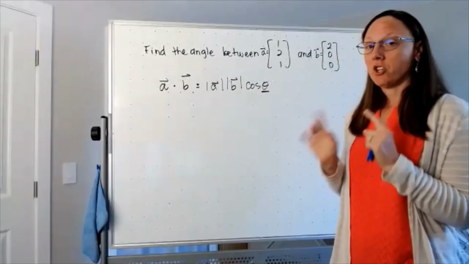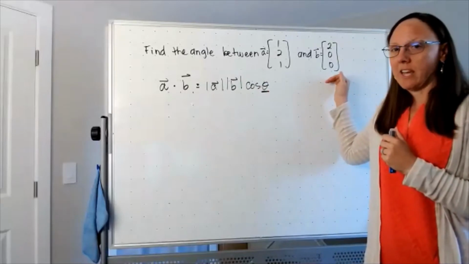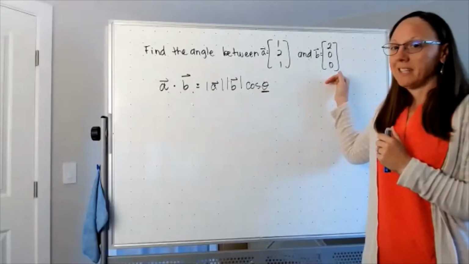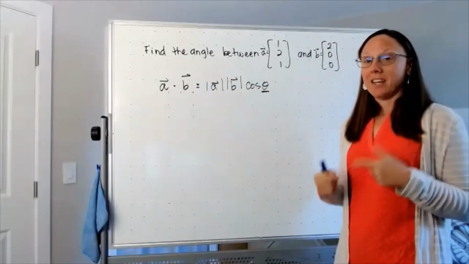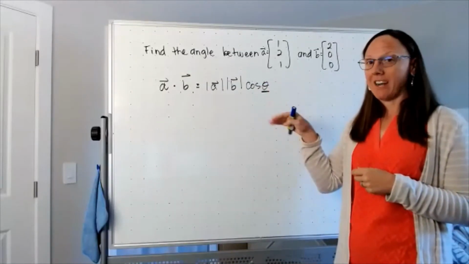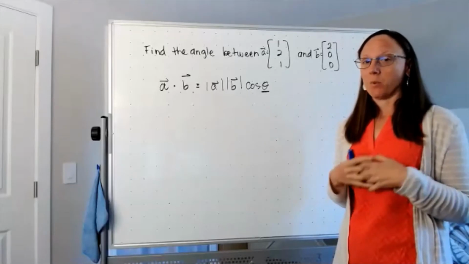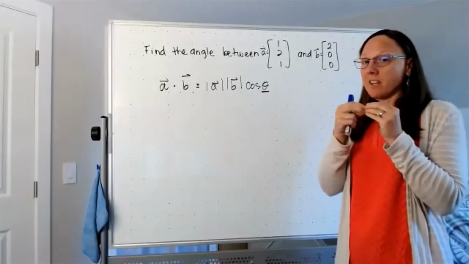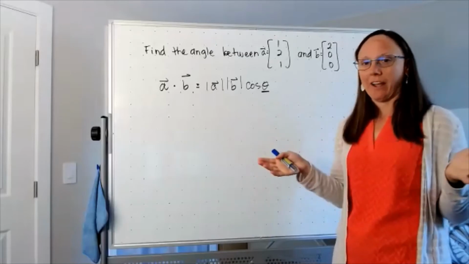Just to point out, this vector that I've chosen is secretly the x-axis. If you have taken a look at WebWork Homework 8, there are questions in there that rather than giving you 2 vectors, they give you a vector and an axis. So if we're talking about the angle that a vector makes with the axis, then we can choose a vector that points along that axis and treat it the same way that we do any other angle problem.